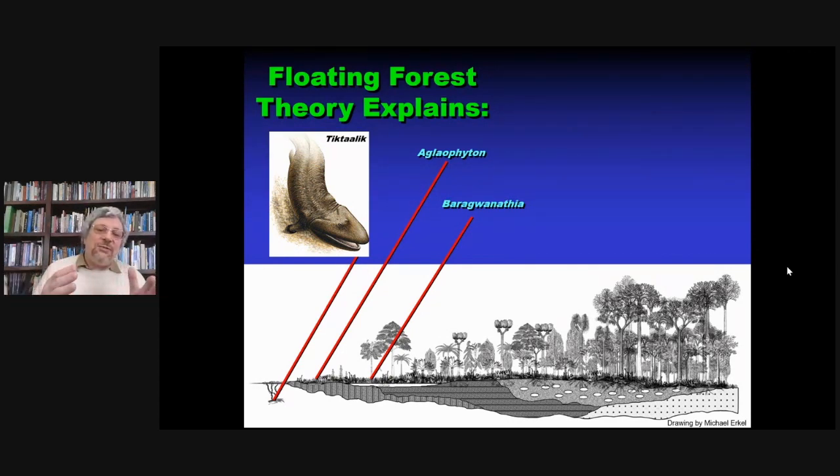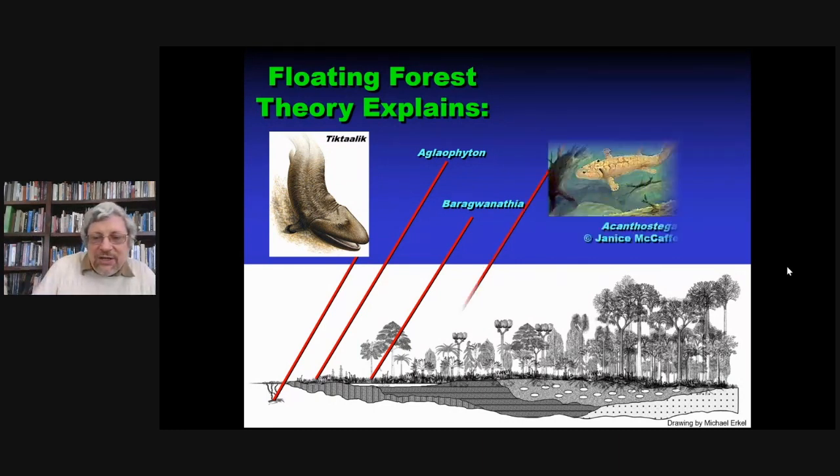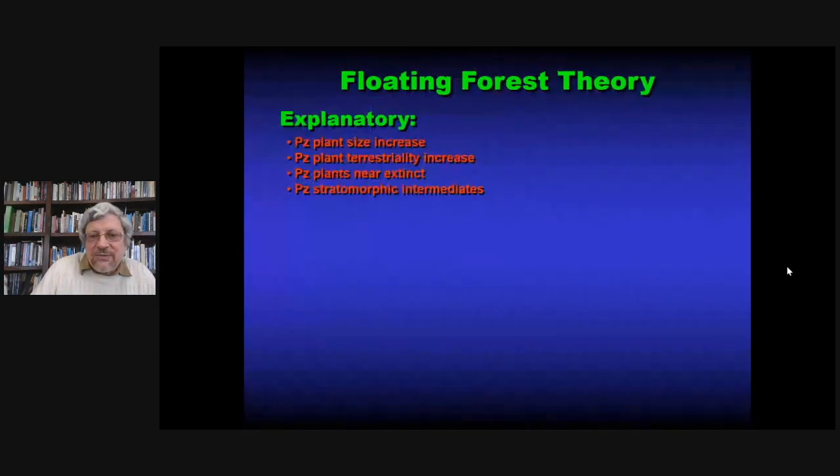As the flood deposited the plants in a particular order, it would also deposit the animals associated with them in the same order. This would explain the apparent transition in the fossil record between fish and fishapods and amphibians and reptiles that is found in the same sediments. So I believe the floating forest theory explains a number of things we see in the fossil record.